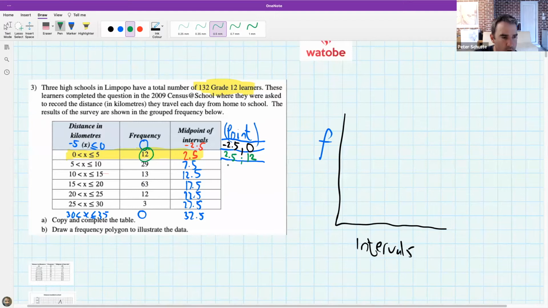So for this next one, all that we're going to get is 7.5, and we're going to get 29. And then for the next one, we're going to get 12.5, and then we're going to get 13.